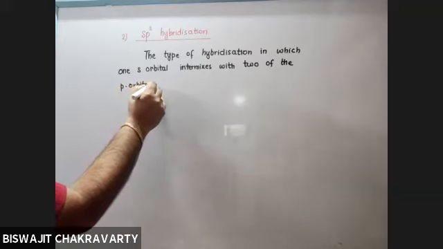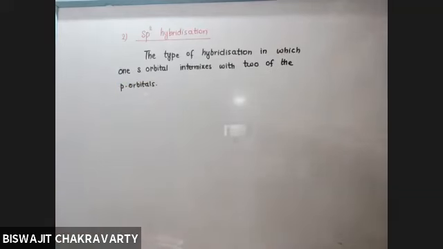Now tell me, if two of the p orbitals are involved along with one s orbital, how many hybrid orbitals will be produced? 3.